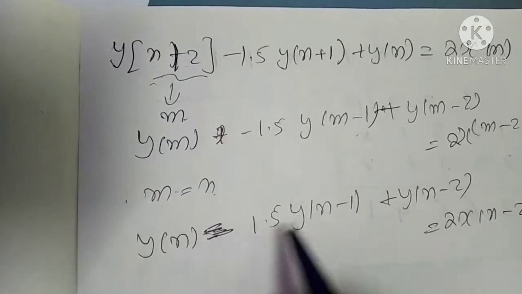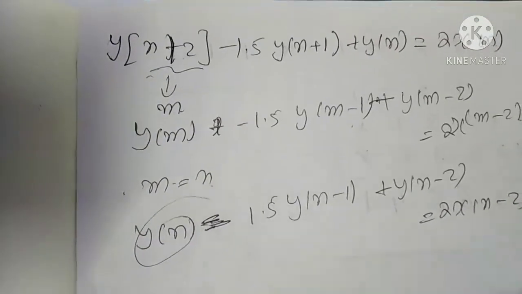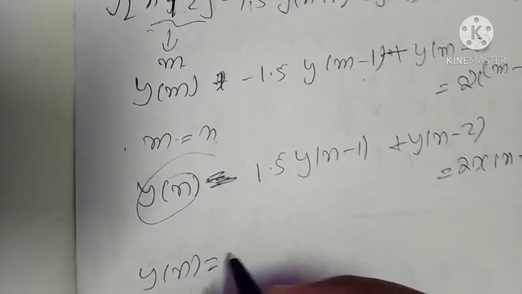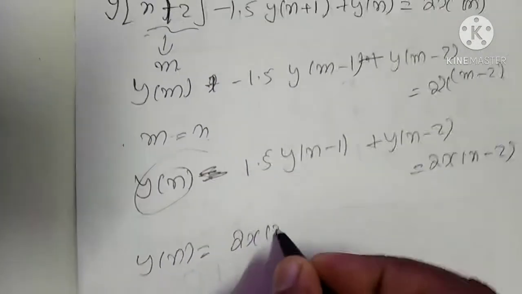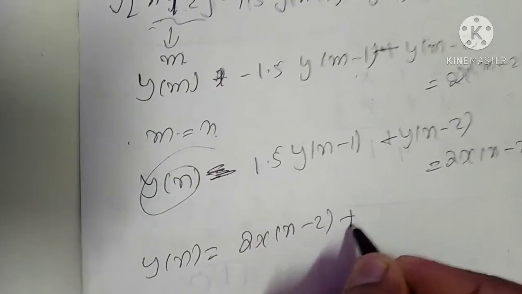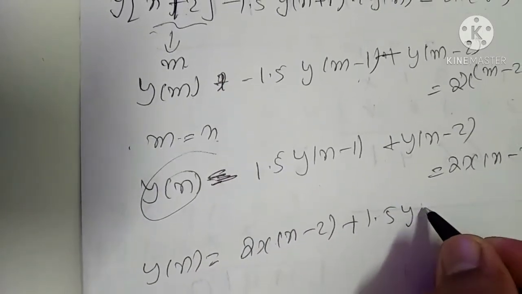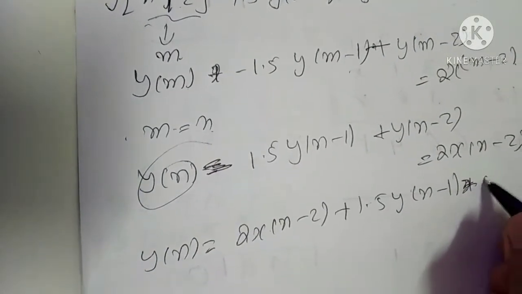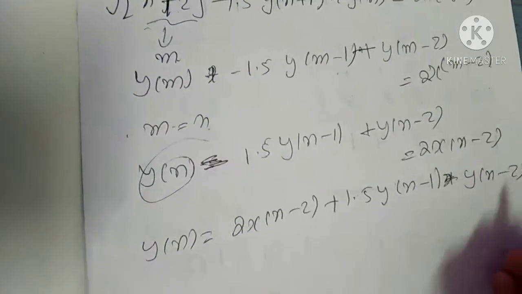Now I want only y of n. Send other terms that side. So y of n is equal to 2 into x of n minus 2 plus 1.5 into y of n minus 1 minus y of n minus 2.